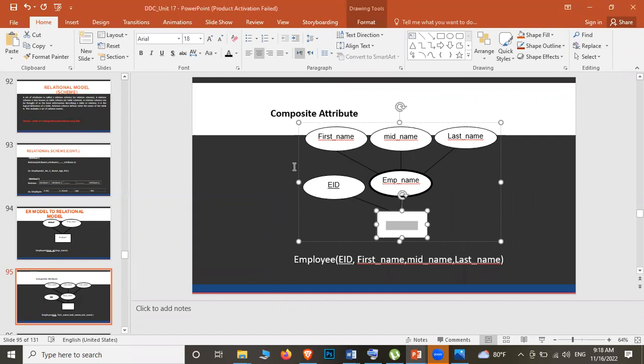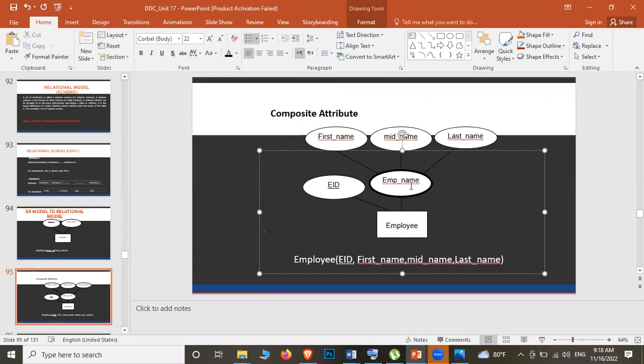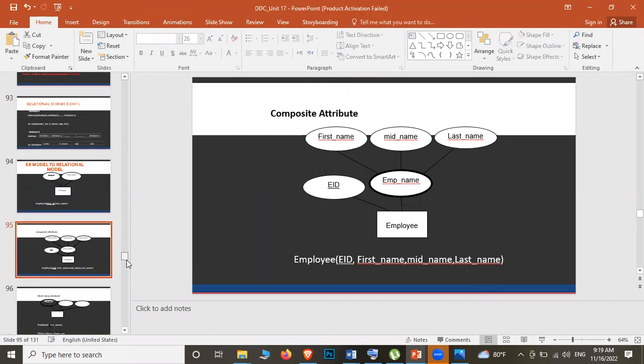So the employee has ID and name, as well as this attribute which has been composited: first name, mid name, last name. So that can be written in relational schema as this. Employee ID එක අපි underline කරනවා මෙතන. First name, mid name, last name. Just inside the bracket, you are writing everything. That's it.